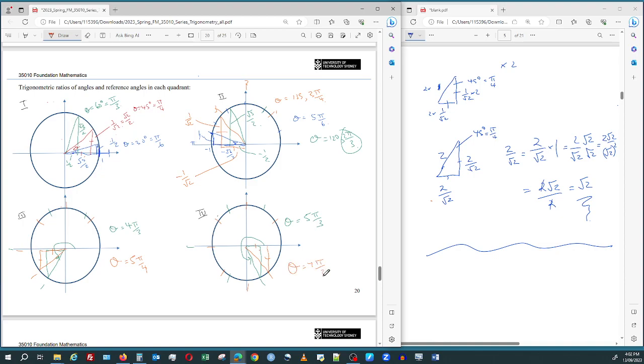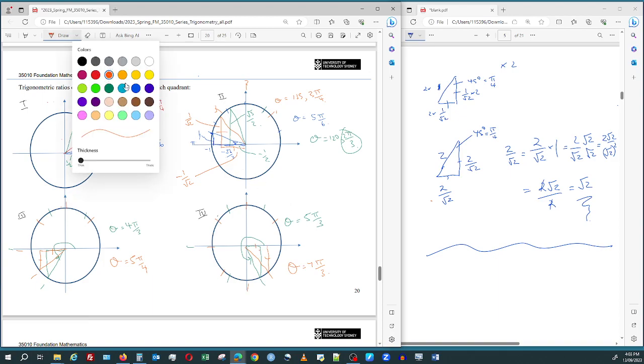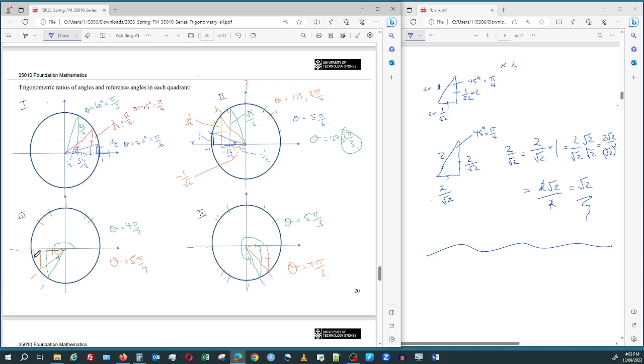Pi on 4. Okay? So just getting used to those. And this one here, 30, 60, 90. There, it's got some extras in it, hasn't it? 1, 2, 3, 4, 5, 6, 7 lots of pi on 6.